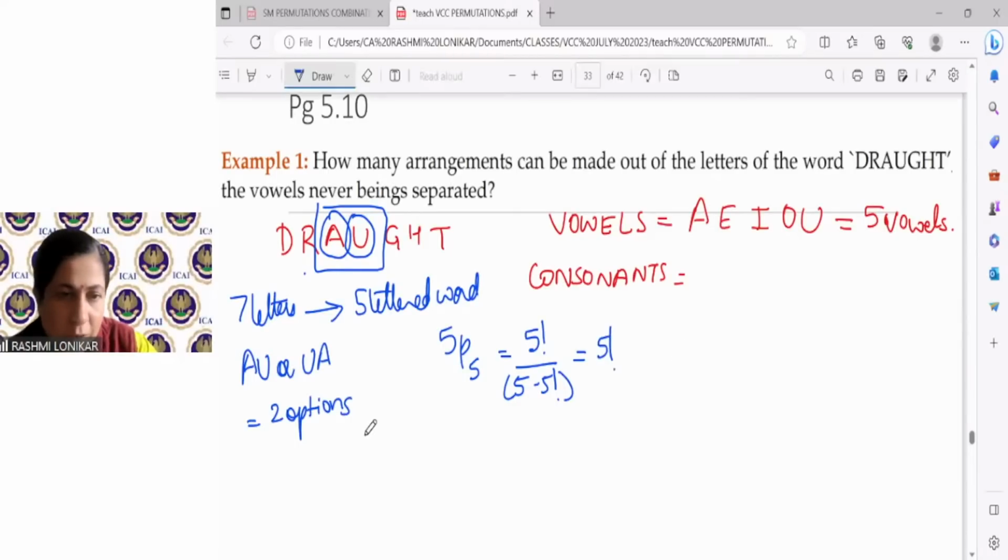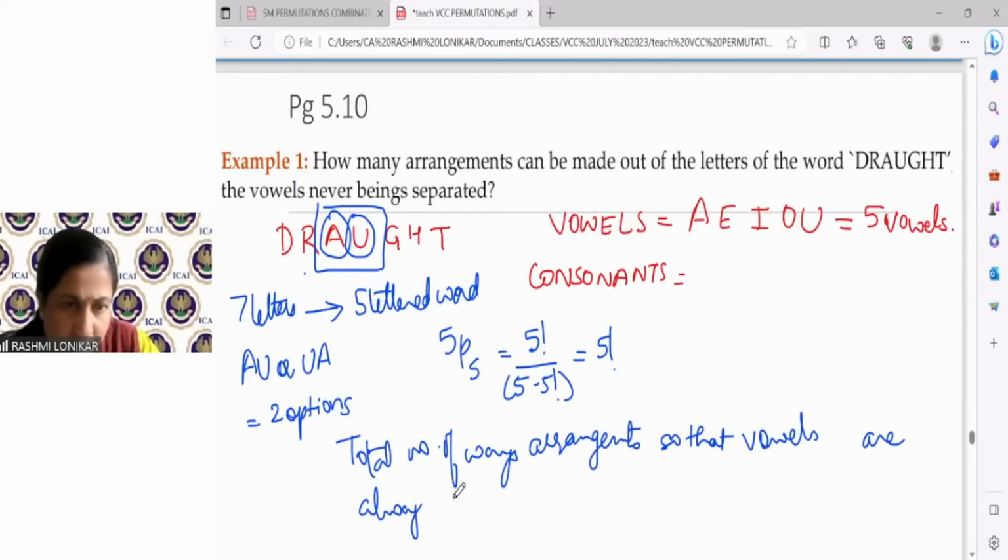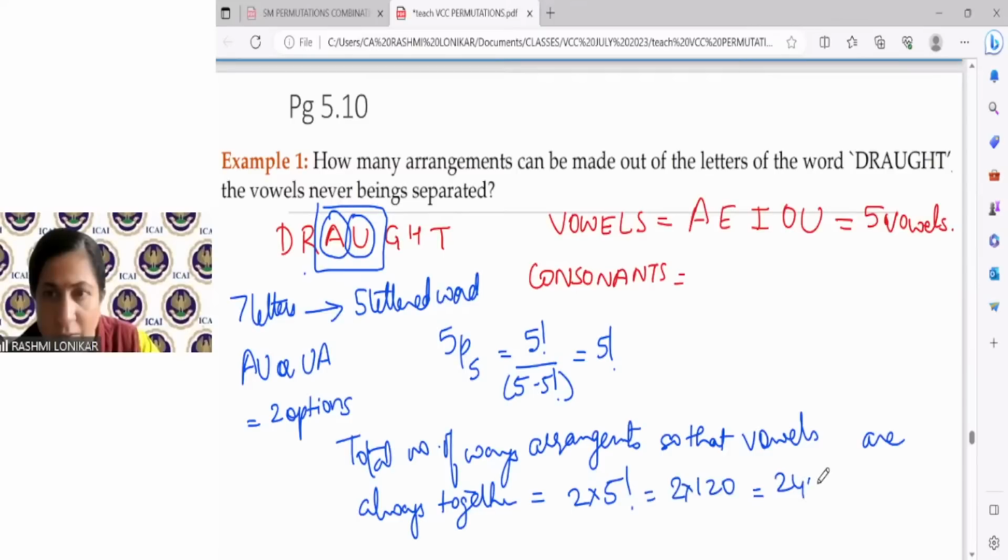But the total number of ways in which the vowels are always together is 2 into 5 factorial, that is 2 into 120, which is equal to 240 ways.